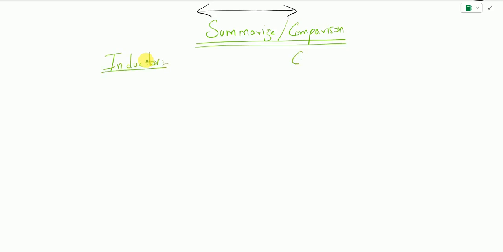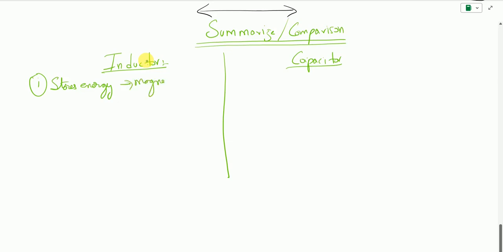This is inductor and this is capacitor. So the first thing is that inductor basically stores energy magnetically, which we saw based on Faraday's principle.